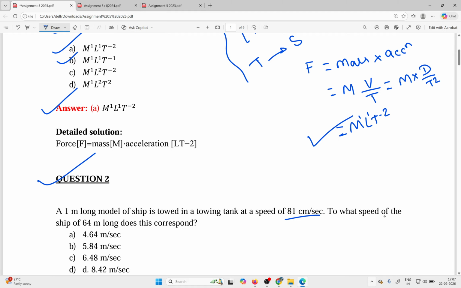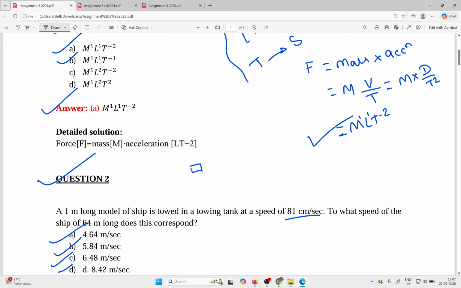To what speed of the 64-meter long ship does this correspond? Option A 4.64 meter per second, option B 5.84 meter per second, option C 6.48 meter per second, option D 8.42 meter per second.